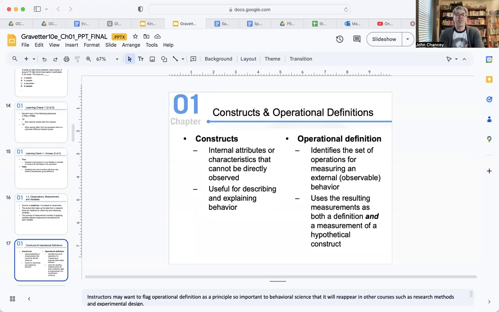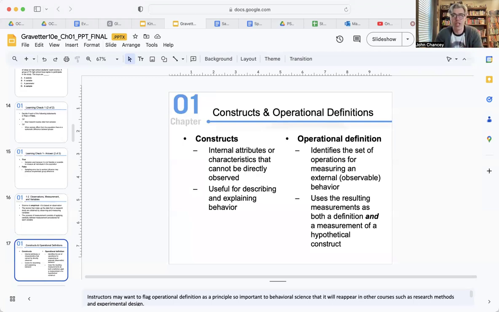So, for example, there is this construct of anxiety, this state of maybe internal dread or panic or worrying, but that is very much an internal experience. So we have constructs as a way for people to describe that internal experience.